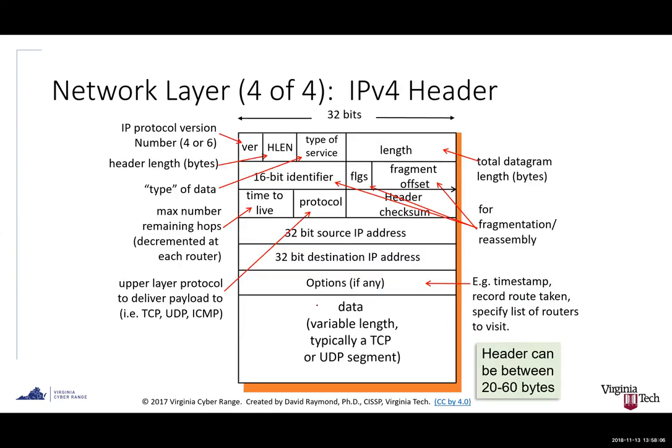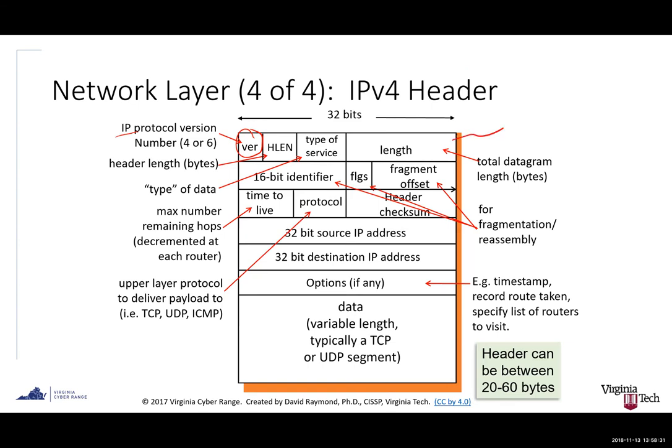IP version 4 header. We're not going to delve too deeply into this, but it's useful to take a look at this. It starts out with a version number, 4 or 6. Those are the only 2 versions of the IP protocol that are used in the internet today. You have the length, and a lot of this stuff makes perfect sense, right?